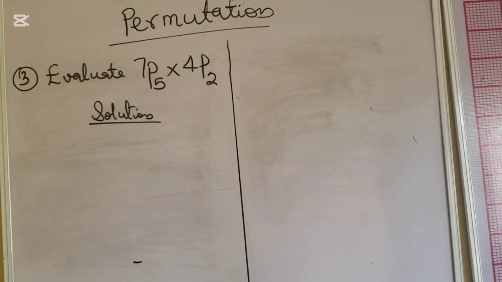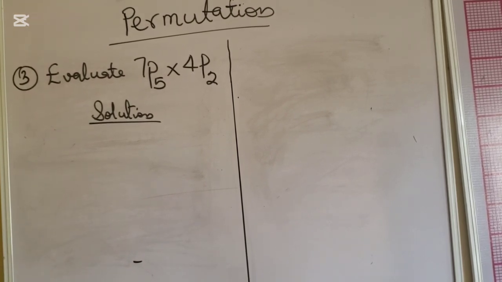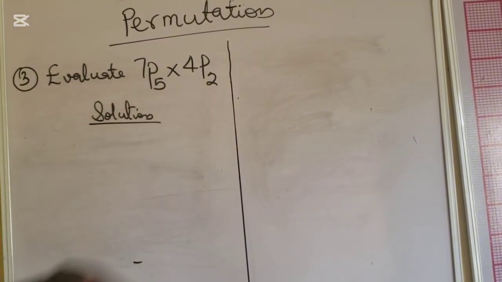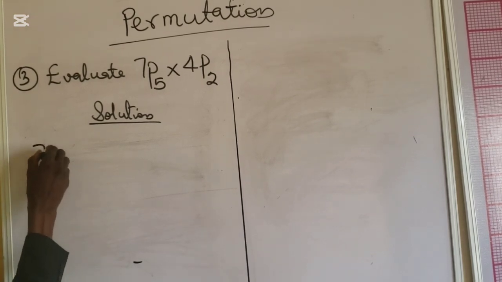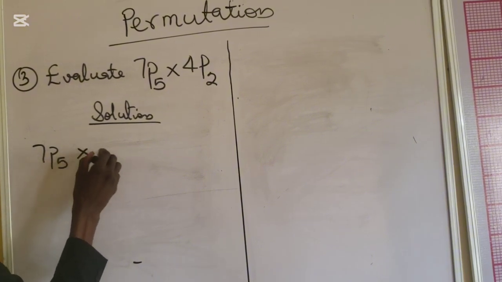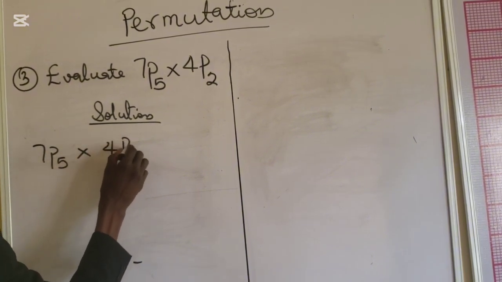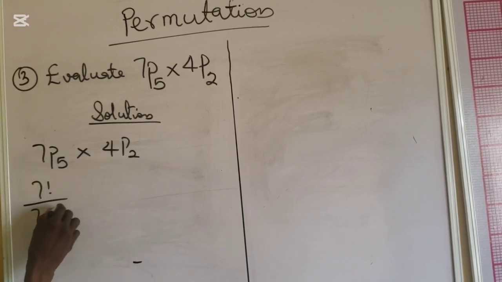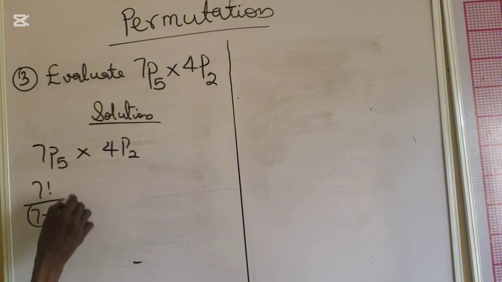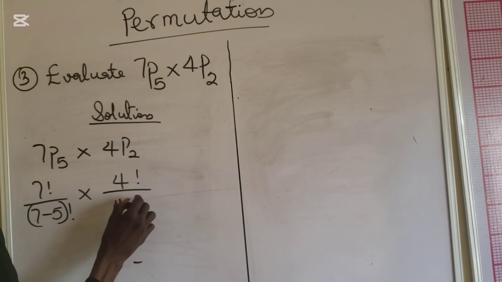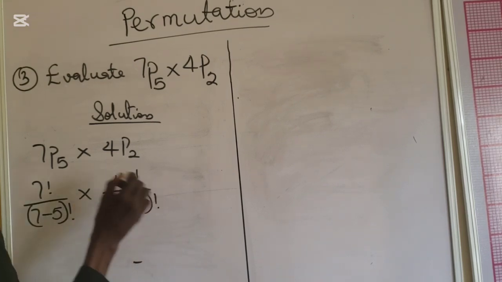All right, let's work on number 3. We are asked to evaluate 7P5 times 4P2. 7P5 times 4P2 means 7 factorial over 7 minus 5 factorial, times 4 factorial over 4 minus 2 factorial.